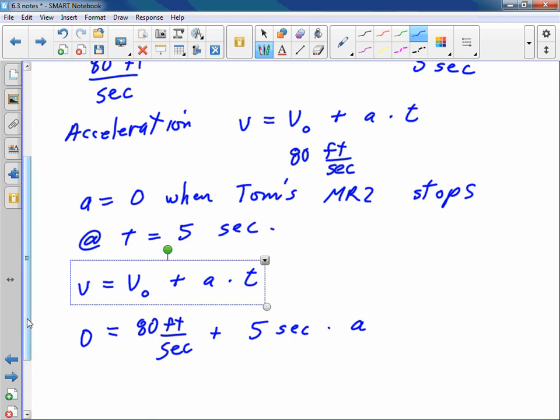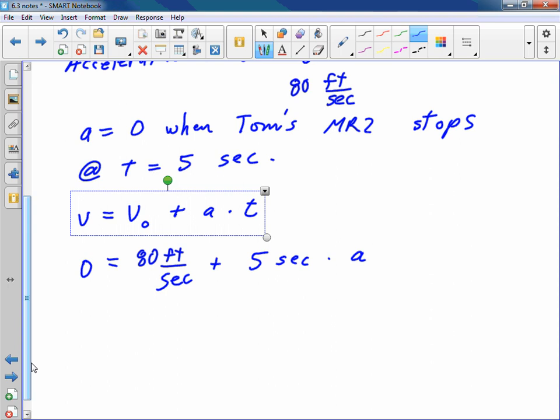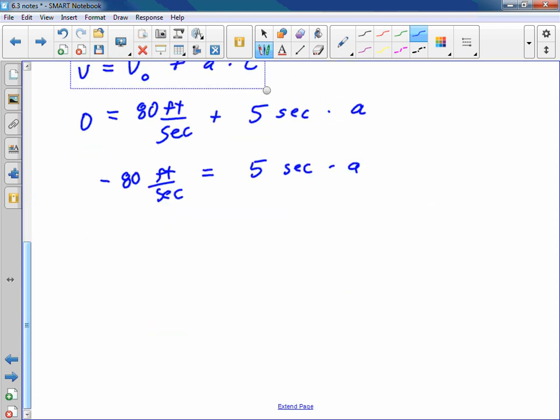Cool. And we can solve for a, because then we can say negative 80 feet per second equals 5 seconds times a. And then we can say a equals negative 16.